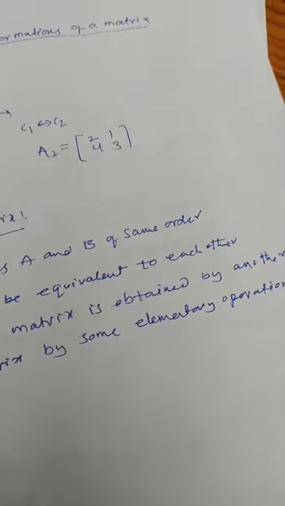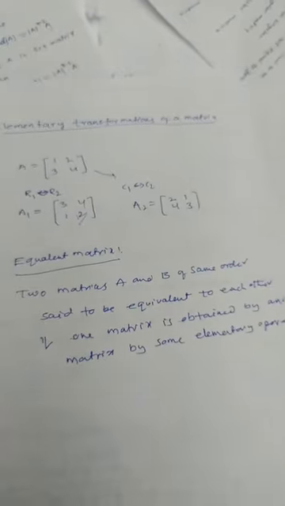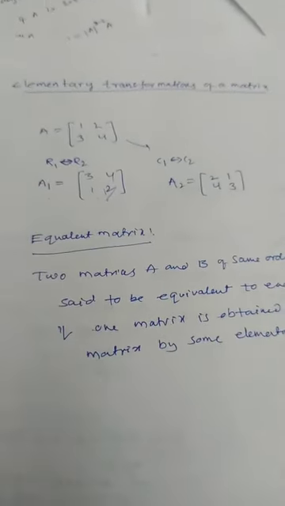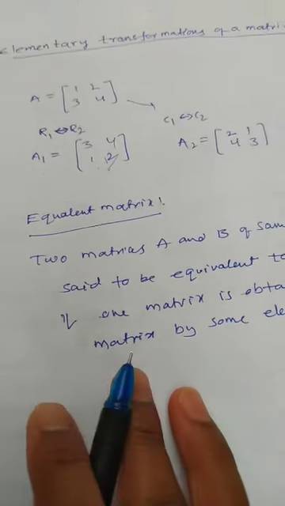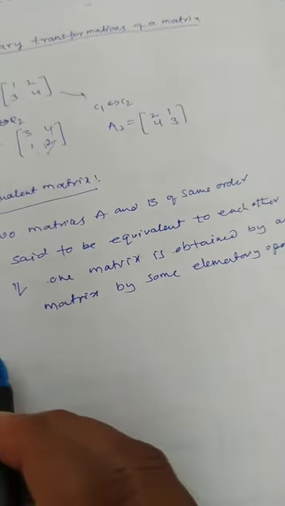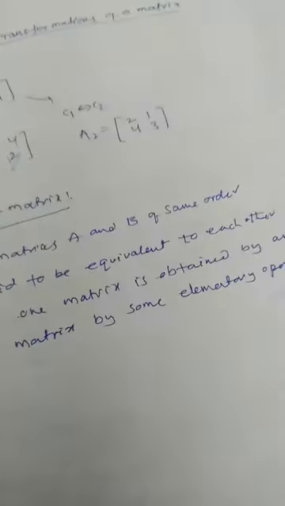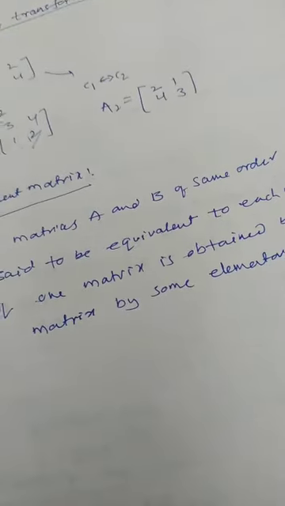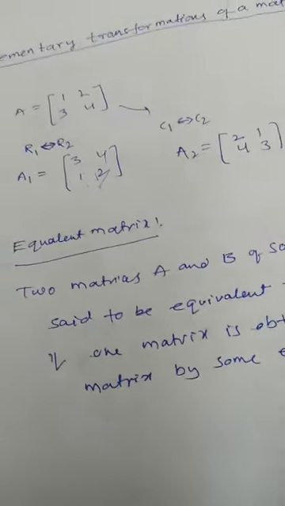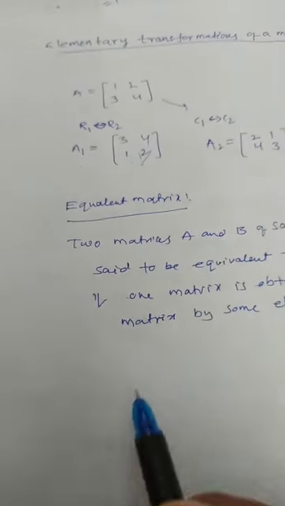A and A2 are also equivalent matrices. Using these operations, we can get a number of equivalent matrices. So we can get different types of matrices, but they are equivalent. Right?